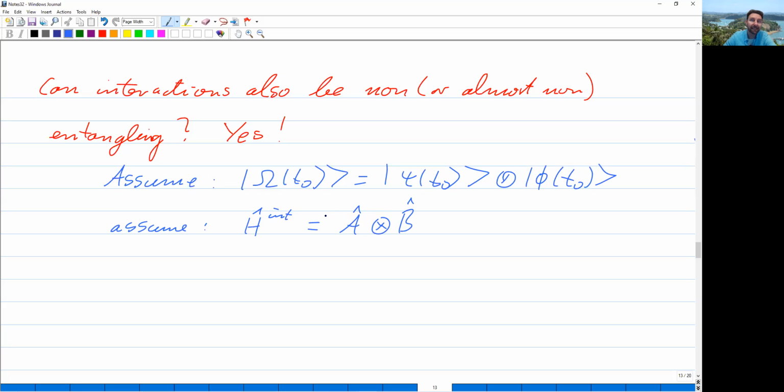It could also be the sum of terms like this, but for our purposes now, let's just assume it's just one of those terms.